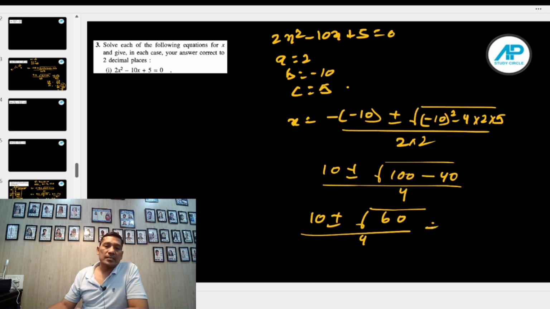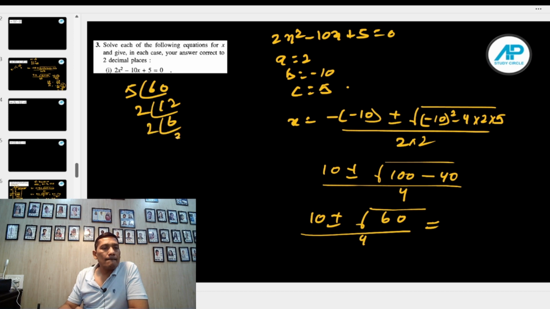What is 60? 60 is, I guess, so 2 root, this is 10 plus minus 2 root 15 upon 4.